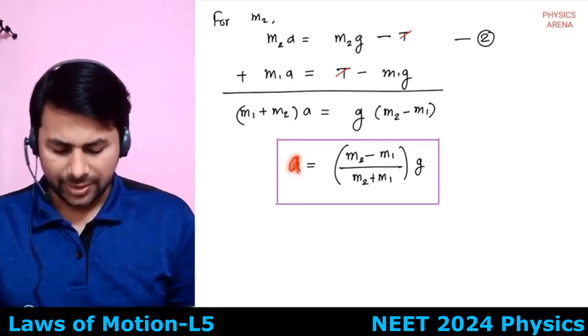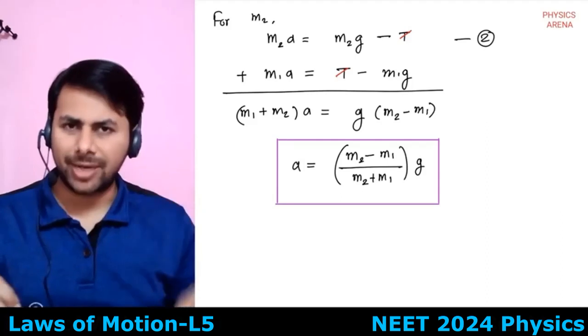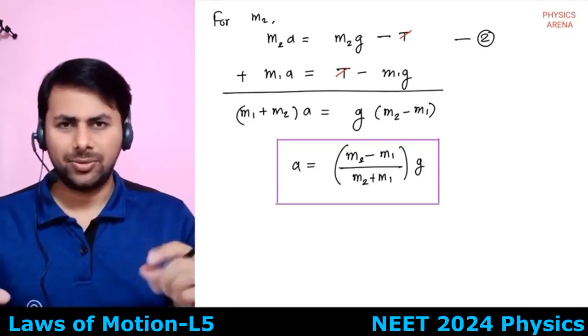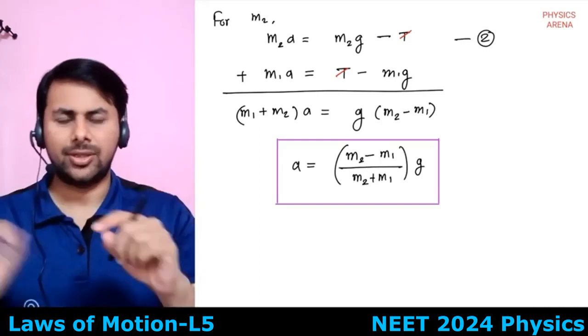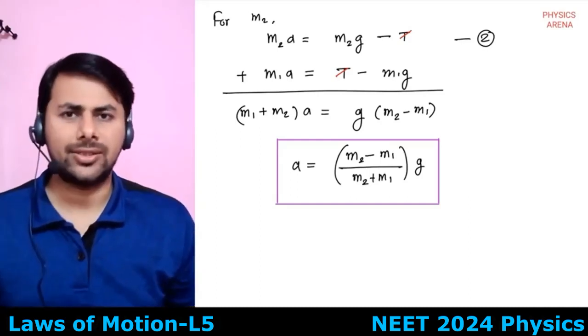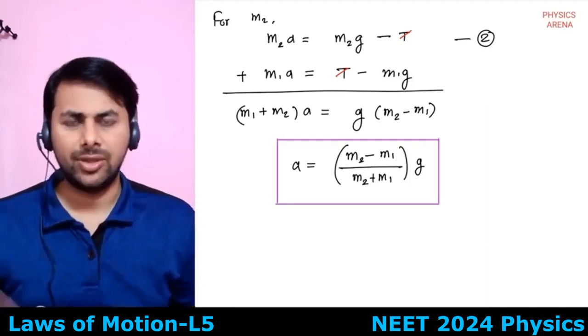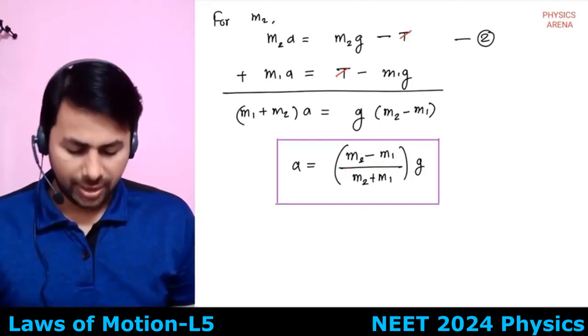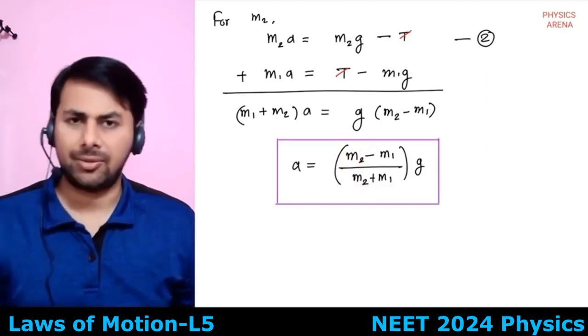So, the acceleration of an Atwood's machine. What is Atwood's machine? You have two masses M1 and M2 hanging off a pulley, connected by a frictionless and weightless string. In that case the acceleration of those masses will be M2 minus M1 upon M2 plus M1 multiplied by g, if M2 is greater than M1.